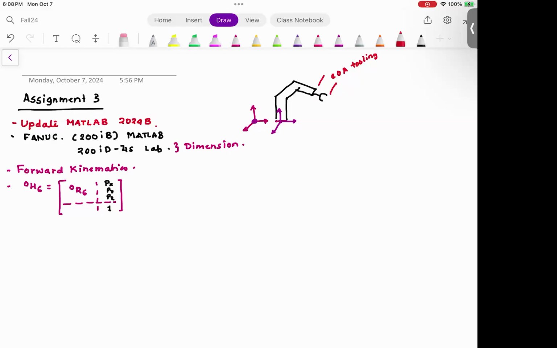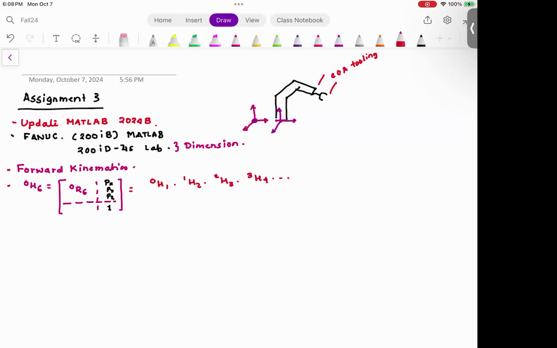First and foremost, if you want to solve this problem, you would actually have to look at the pieces. For example, and this is extremely important, how did we find out 0H6? We found out 0H6 by 0H1, 1H2, 2H3, 3H4, and so on.